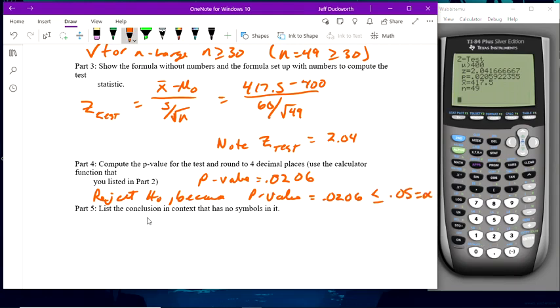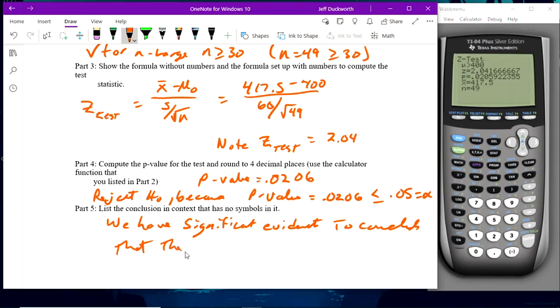Now, to state that in context would be we have significant evidence to conclude that the new brand of light bulb will last longer.